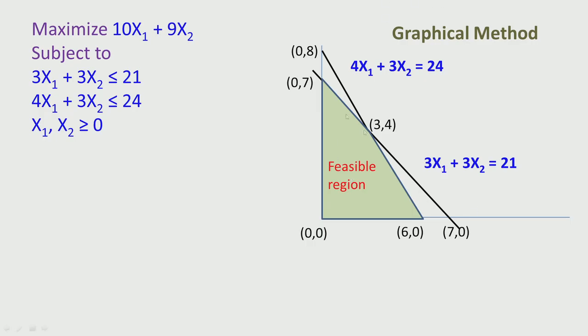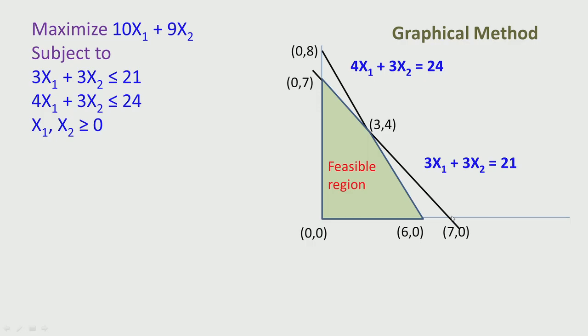For example, let us look at other points. If we look at the point (7, 0), the point (7, 0) satisfies the first constraint, but the point (7, 0) does not satisfy the second constraint, and therefore it is infeasible.